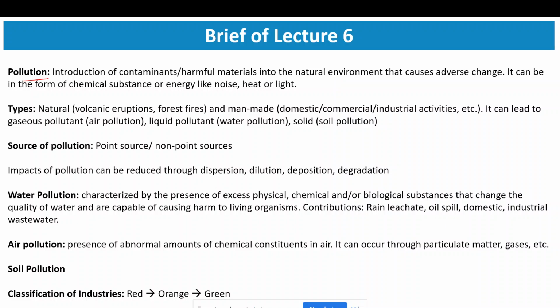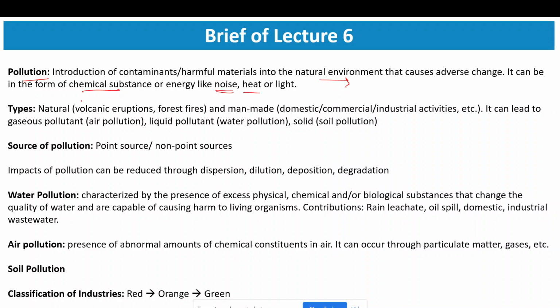It can be by natural means, or it can be man-made, due to human intervention, that will lead to adverse or harmful impacts on the natural environment, or we can say the quality of the natural environment will degrade. It can be any chemical substance, or energy in the form of noise or heat also.